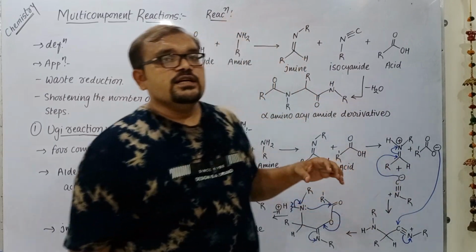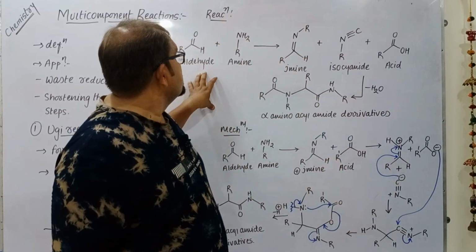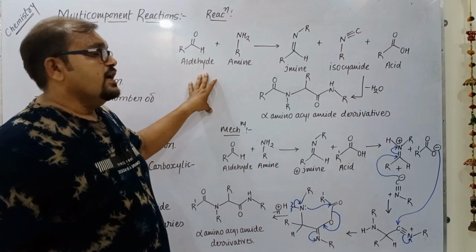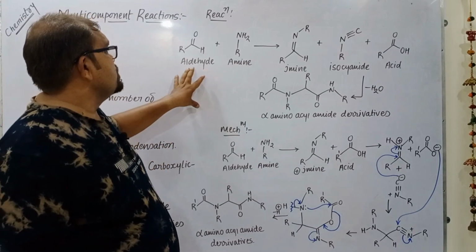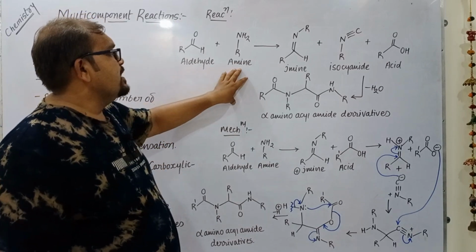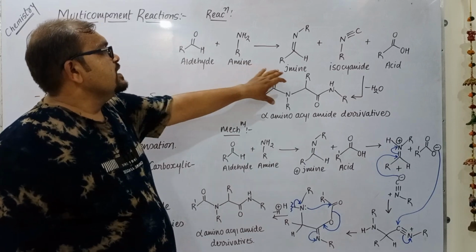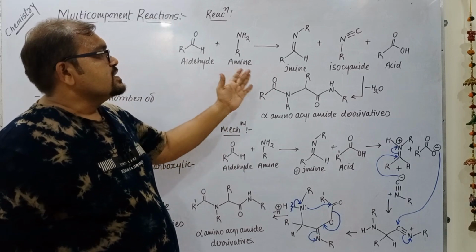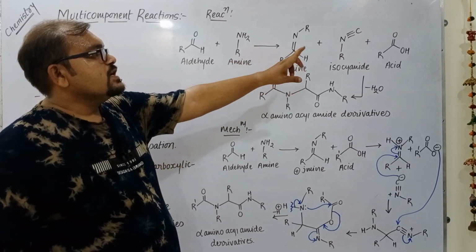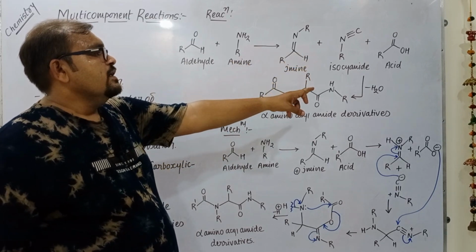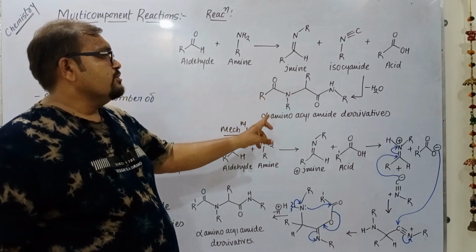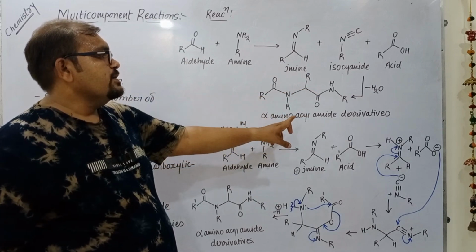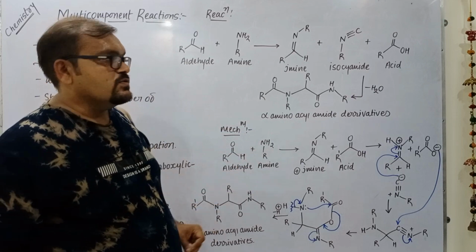Now friends, we see the reaction here. First, aldehyde and amine combine to give imine derivatives. Then this imine will react with isocyanide and acid component. After loss of a water molecule, it will give alpha amino acylamide derivatives.